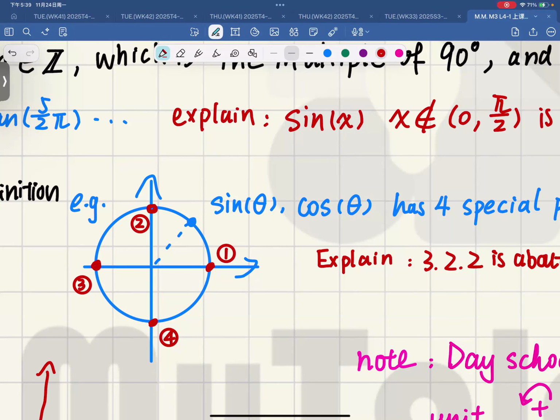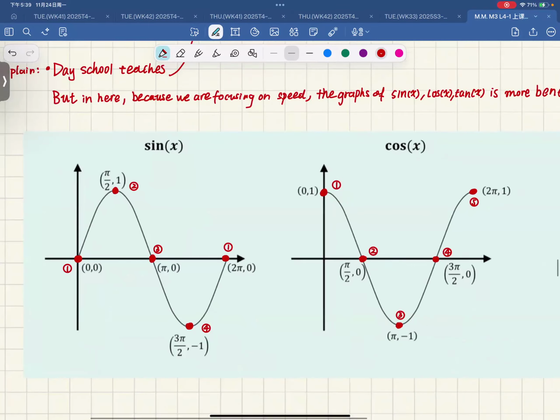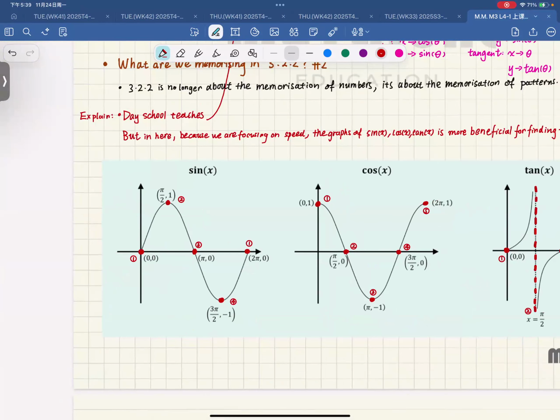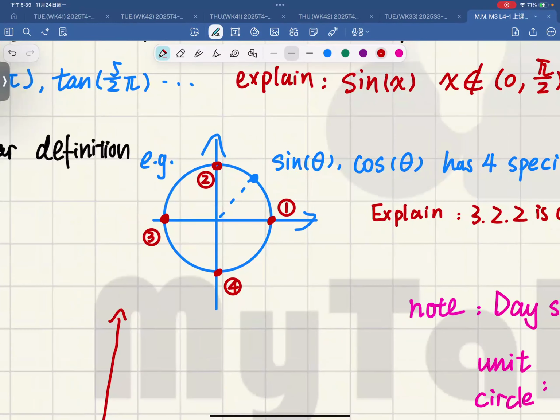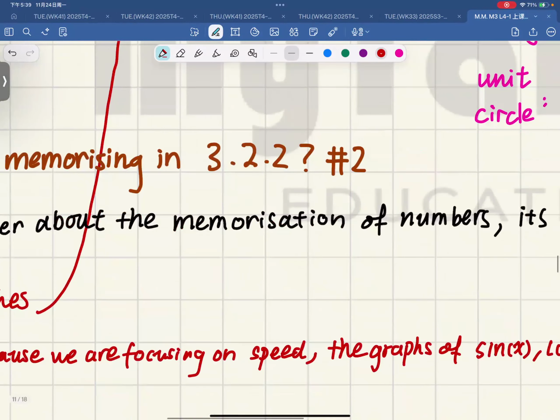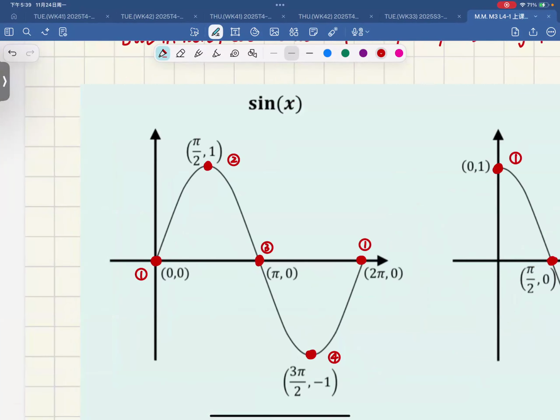Basically, this circle corresponds to the graph. Like position 1, sine theta is equal to 0, right? Y is 0. So position number 1, y is 0.